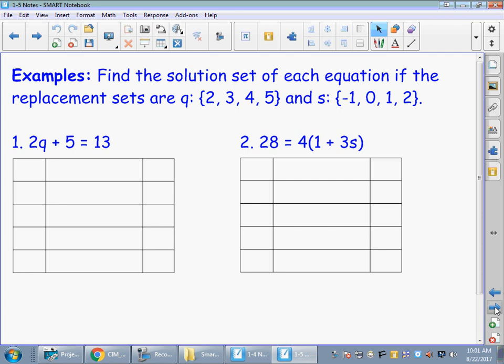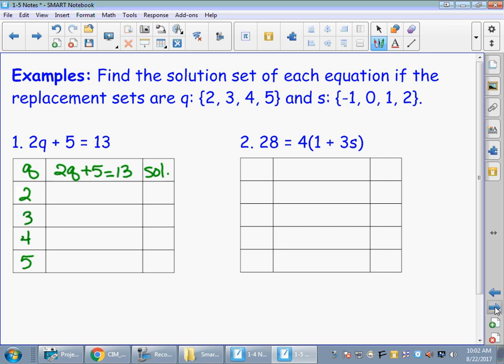So the first equation involves Q. Here are my Q values, 2, 3, 4, and 5. I'm going to put my equation here, 2Q plus 5 equals 13. And over here, I'm going to put whether it's a solution.